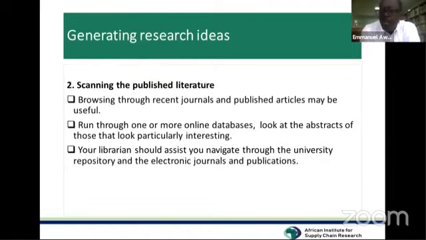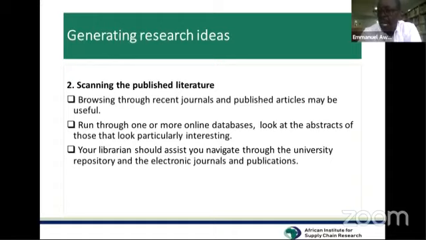Now, this is also very important: scanning published literature. Again, it's advisable that you browse through some of the recent journals, you browse through published articles that you may find useful, go through some online databases, go through abstracts or published work that is in your area of interest. And it's always good to work very closely with the university librarians, because they'll help you navigate through some of these online databases.